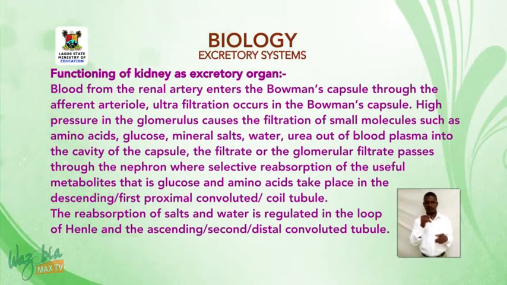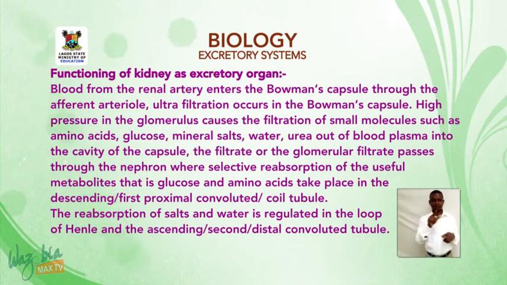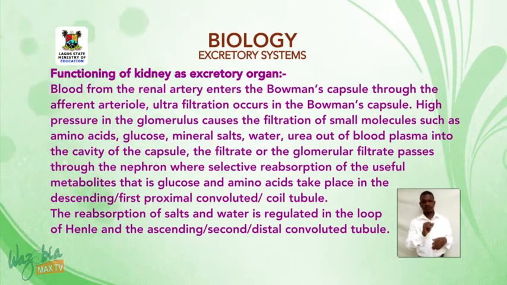The filtrate or the glomerular filtrate passes through the nephron, where selective reabsorption of the useful metabolites, that is, glucose and amino acids, takes place in the descending or first proximal convoluted or coiled tubule.